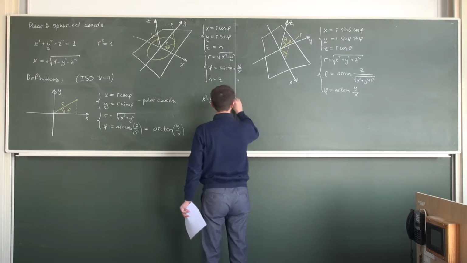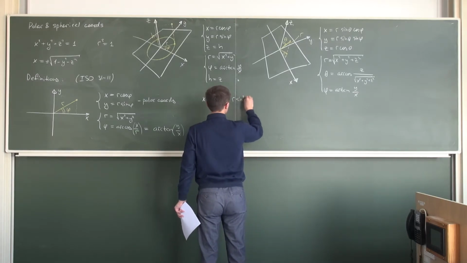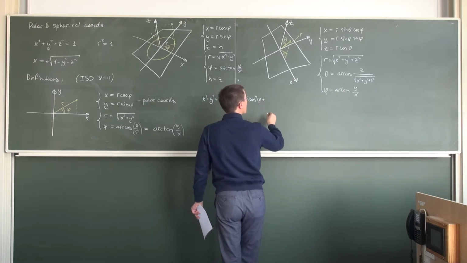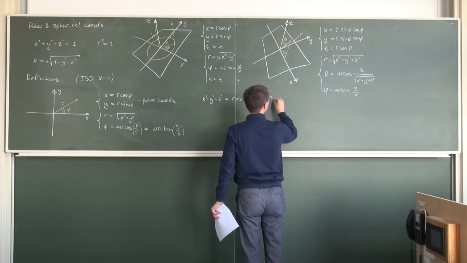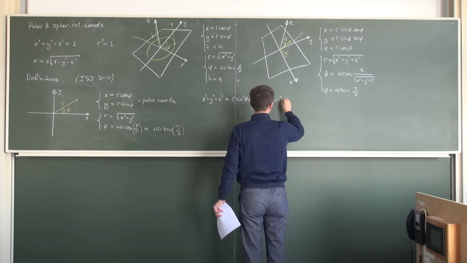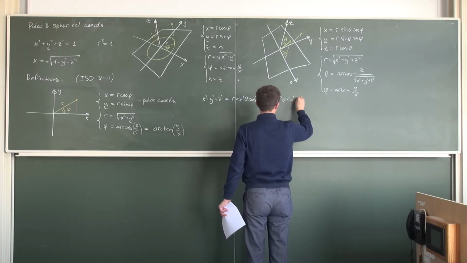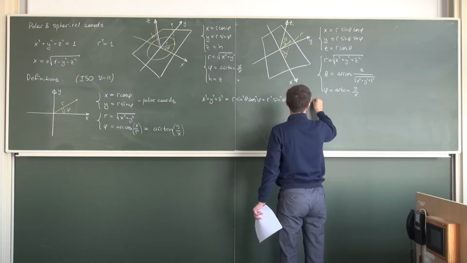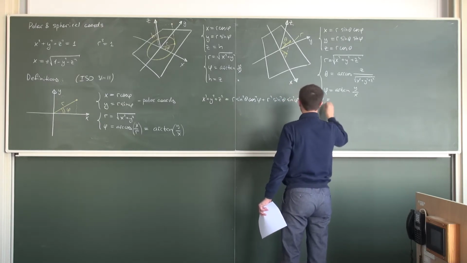So x squared is r squared sine squared theta cosine squared phi, plus y squared, r squared sine squared theta sine squared phi, plus z squared, that's r squared cosine squared theta. Okay.